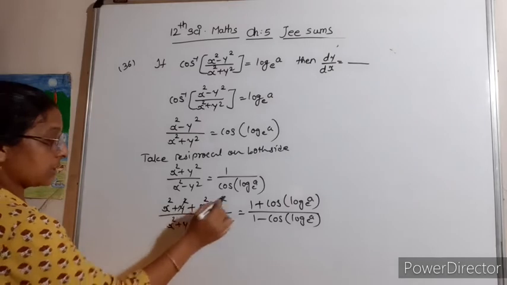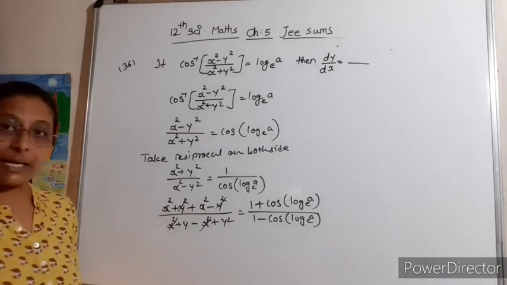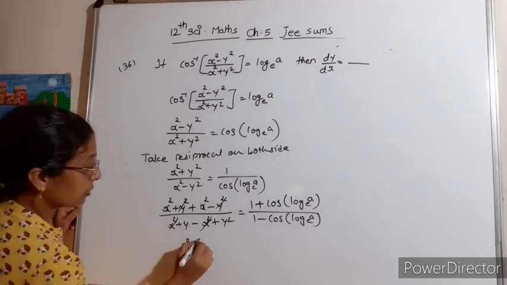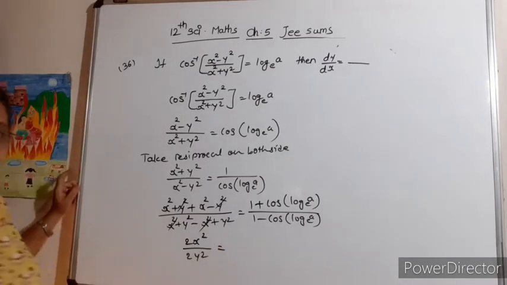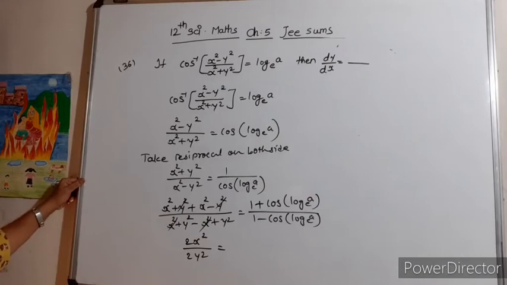So here y square and x square will be cancelled. Then what is it? 2x square upon 2y square. Then 2 भी cancel हो जाएगा, right?